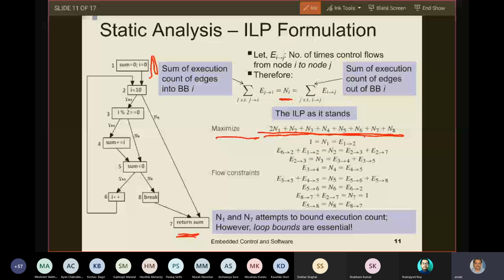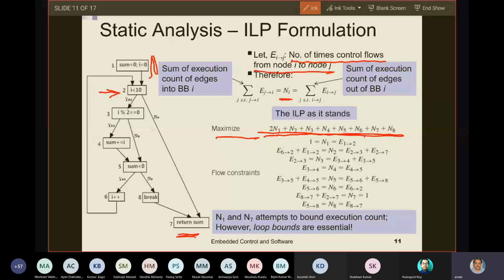So for example, if you consider this basic block 2, it is equal to the number of times control enters into 2 from 1 plus the number of times control enters into 2 from 6. So N2 equals E12 plus E62, where Eij denotes the number of times control flows from node i to node j.